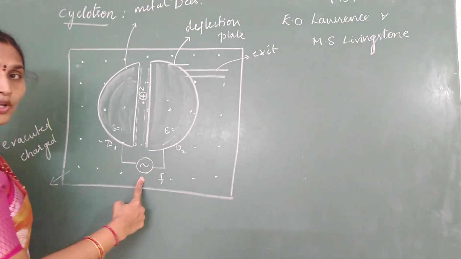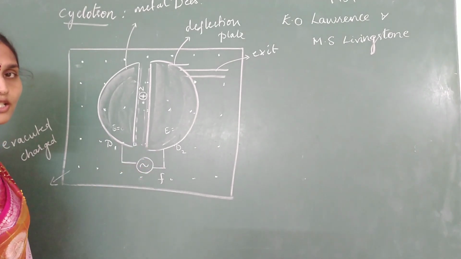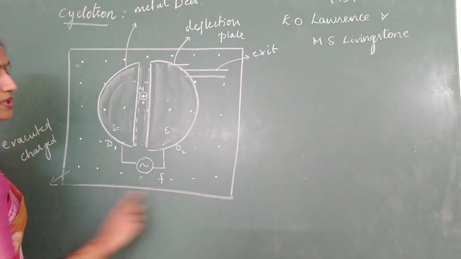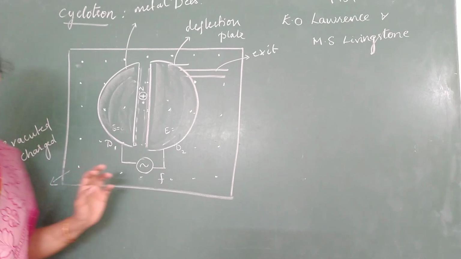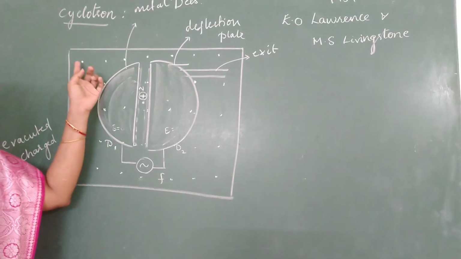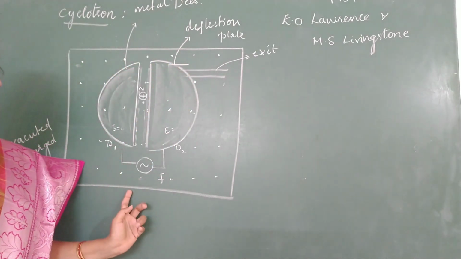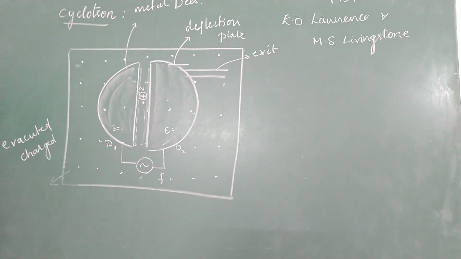Since you have connected it to an oscillator, the terminals of these Ds keep on changing at regular intervals of time. The whole chamber is enclosed in an evacuated chamber so that only the charged particle exists in this particular region, and then there is a magnetic field directed outside the plane of the board. So this is giving you the main arrangement of the cyclotron.